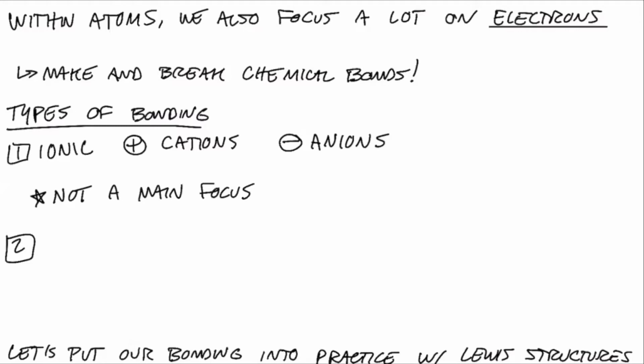What will be our main focus, on the other hand, is the covalent bonding. So a covalent bond means that there's a sharing of electrons. It's not giving and taking. It's either going to be an equal or unequal sharing of electrons.